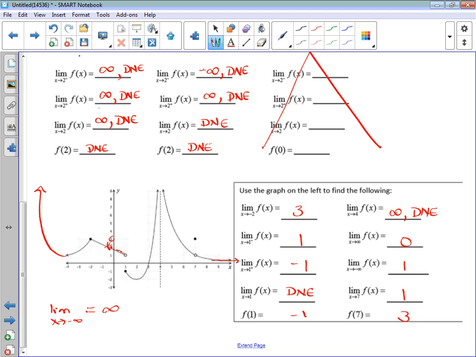If what it's approaching is an infinity, you can have just infinity as the answer. If what it's approaching is a number, you can't have infinity as the answer. You have to also include the does not exist. Okay, you guys see the difference? Okay. All right, flip your page over.